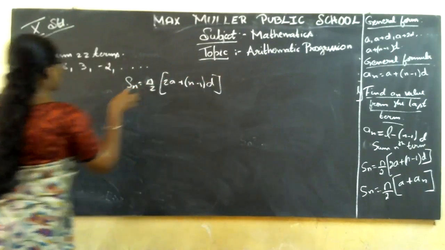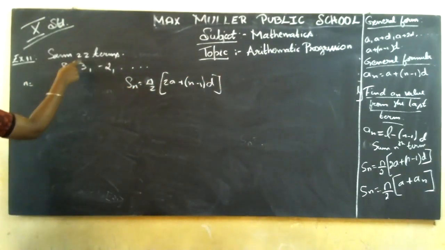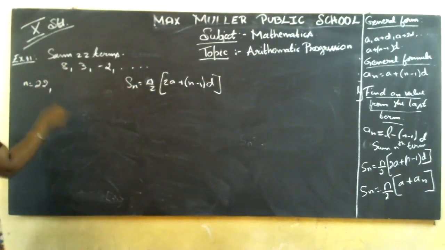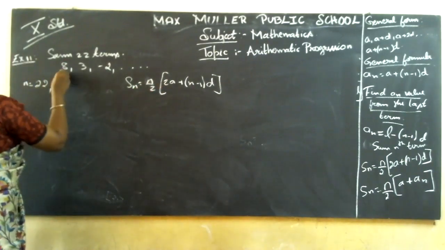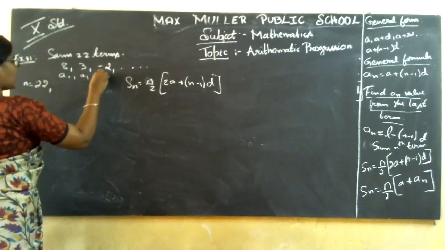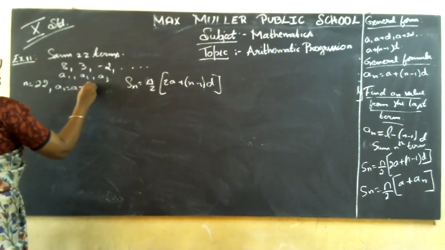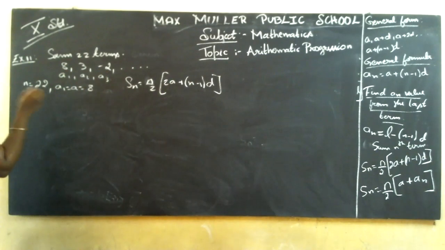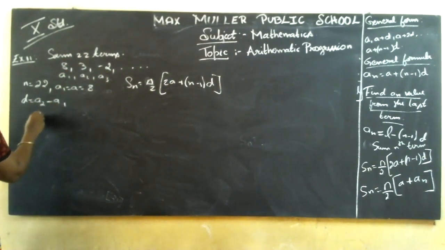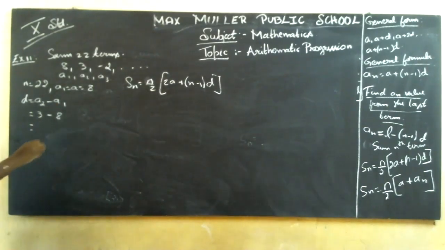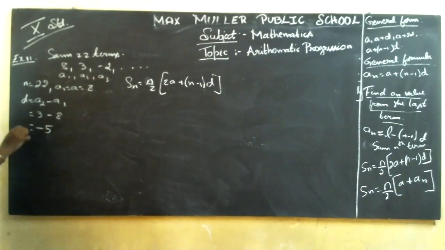Now, in Sn, you want the n value. What is the n value? 22. Then you want a. Let me write a1, a2, a3. Now, a1 is equal to a, which is 8. Then d is a2 minus a1. So 3 minus 8. 3 minus 8 is how much, children? 5. Plus 5 or minus 5? Minus 5.